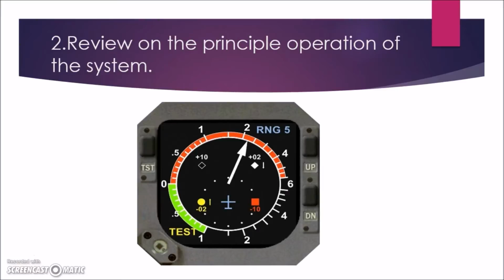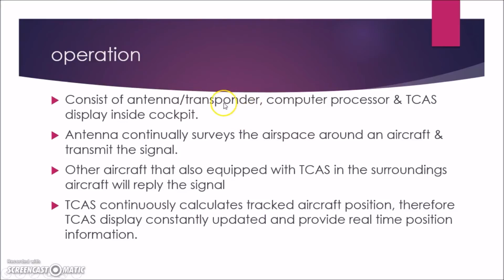Okay, question 2 is a review of the principal operation of the system. The TCAS standard uses the standard transponder, having the interrogator on board in addition to the transponder itself. The aircraft periodically broadcasts the interrogation signal.